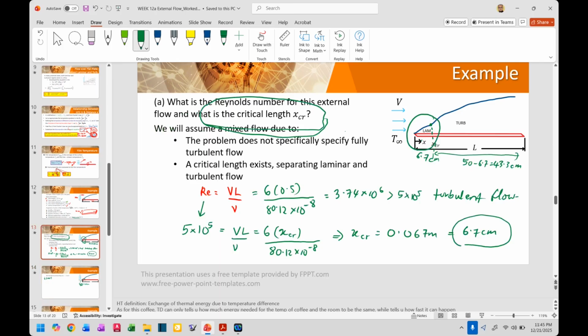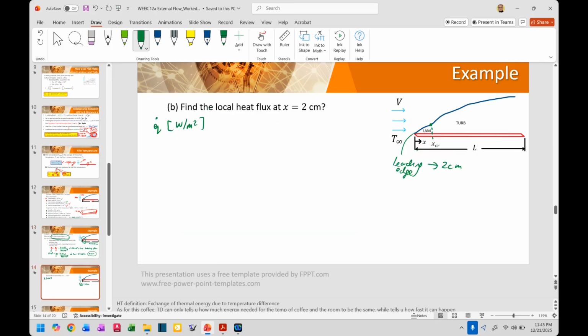So anything before that is laminar, right? So here, flow is in laminar regime. So it's fully laminar at 2 centimeters. It's not fully turbulent. It's not a mixed one. It's fully laminar. Here.